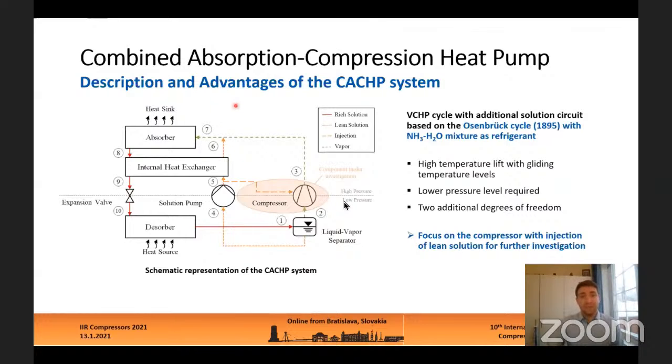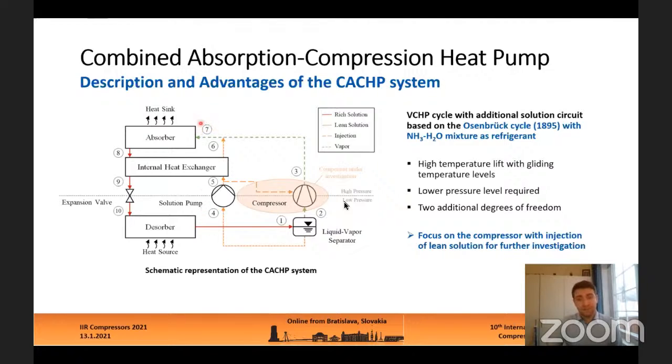The idea goes back to the Osenbrück cycle, which was developed in 1895, and we are using an ammonia-water mixture as refrigerant. Due to this mixture, we have different compositions at different points, shown here as rich solution, lean solution, and vapor. The system has the advantage that it is possible to achieve a high temperature lift from the low pressure to the high pressure side.